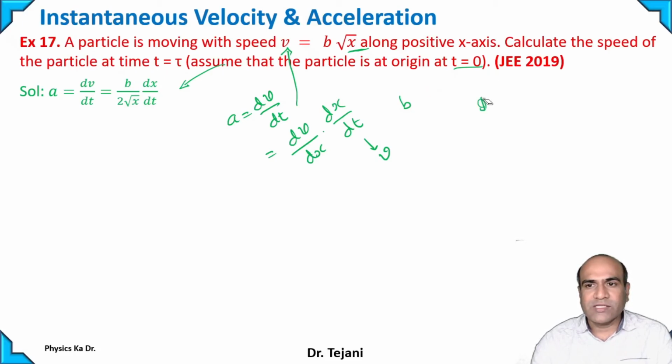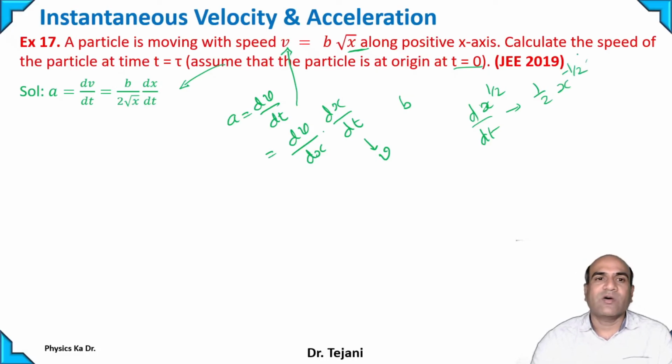What about root x? It is x power 1 half. If we differentiate this, it gives 1 half x power minus 1 half, so ultimately it becomes 1 upon 2 root x. Very simple.